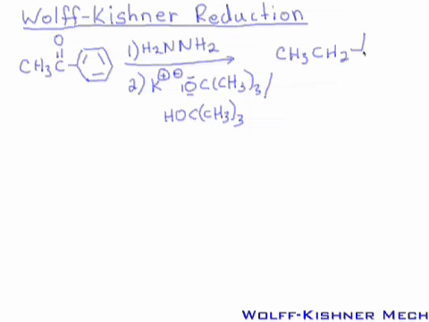Now, of course, it would be nice if we understood what's going on in this reaction. So we're going to look at the reaction mechanism for both steps. The first step, the hydrazone formation, is quite simple.